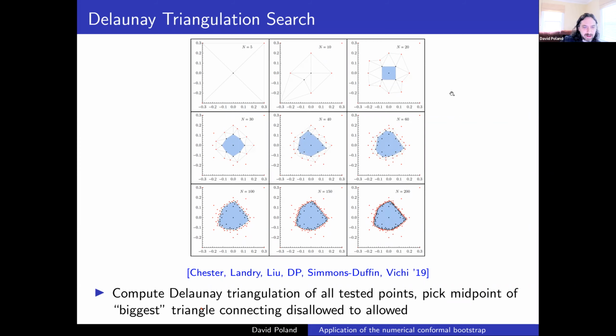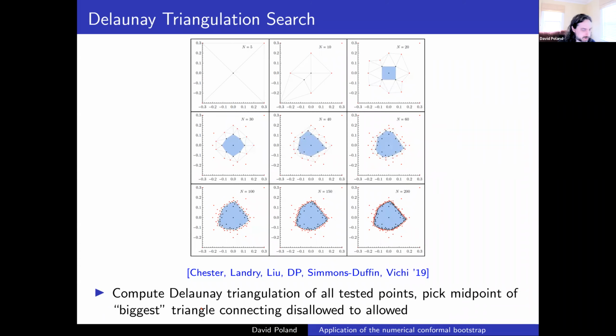Then roughly, you look at all the triangles containing both allowed and disallowed points, and you pick some approach to identifying the biggest one. You then pick a point in the middle of the biggest triangle, and that's the point you test next.